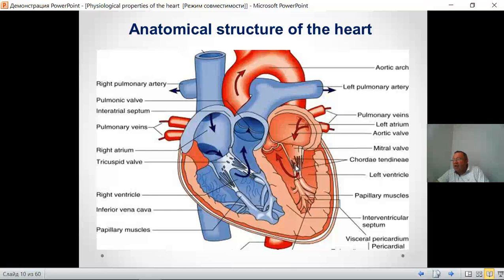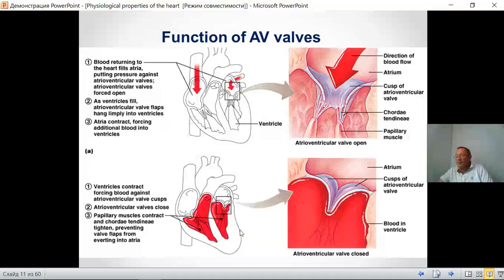It ejects blood into the aorta through the aortic semilunar valve. This you can see on the figure, semilunar valve of aorta. Heart valve structure and function.